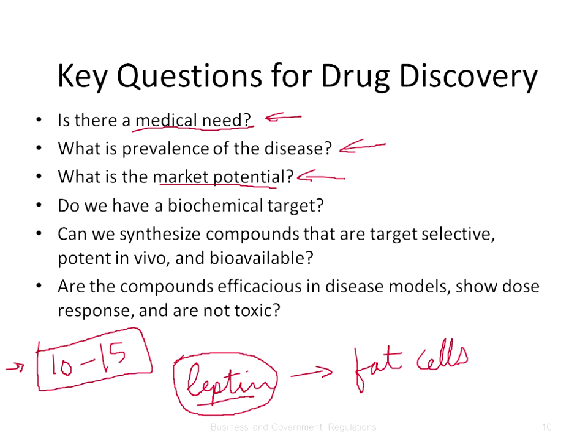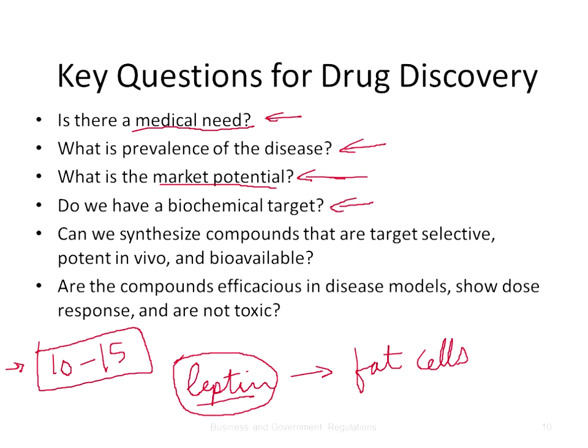That's because initially they thought that they may be able to use leptin on the general population, just like we use insulin on a lot of diabetic patients, right? But it did not turn out to be that way. So prevalence of the disease and market potential are two important questions to answer when you are looking for a new drug. Do we have a biochemical target?